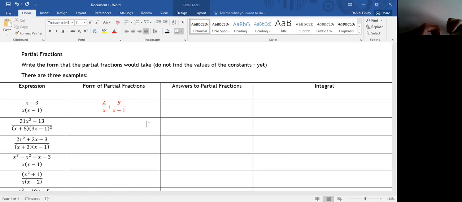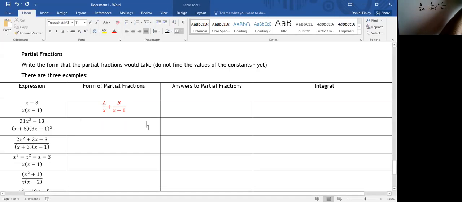Again, it's the same as before. It's a straightforward case, but I don't have to worry about improper fractions. However, this time, there's a repeated factor. So I would have a over x plus 5 plus b over 3x minus 1 squared. But I need to remember when I put squared, I need a term without the squared.